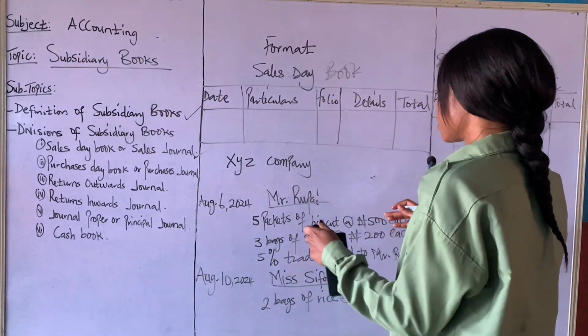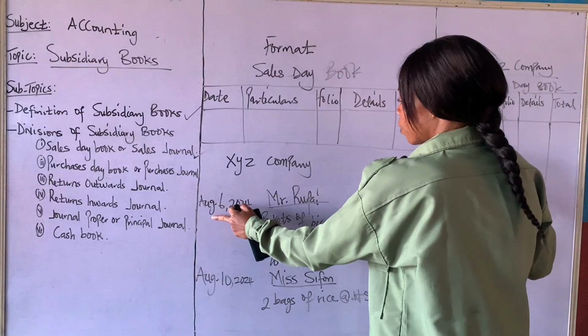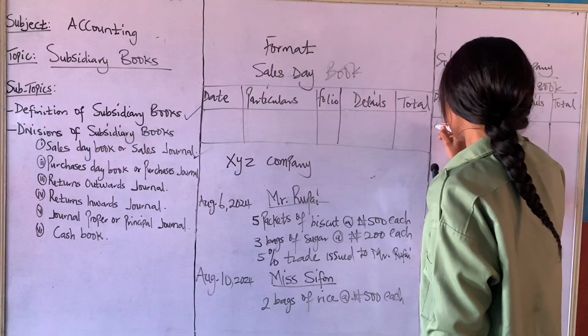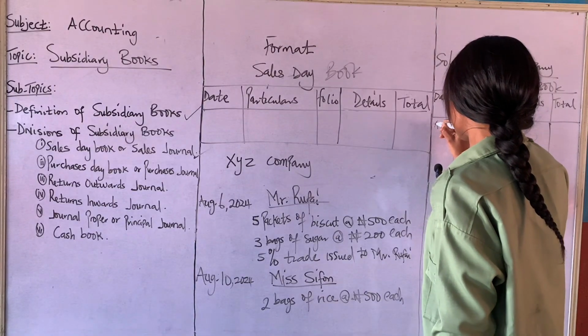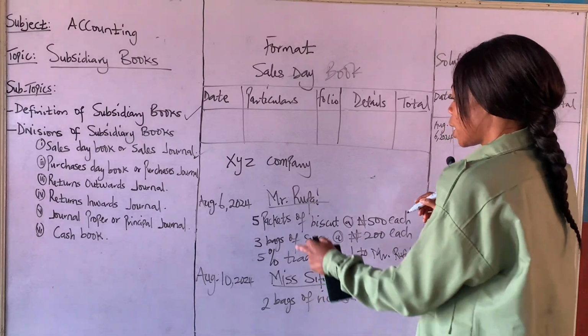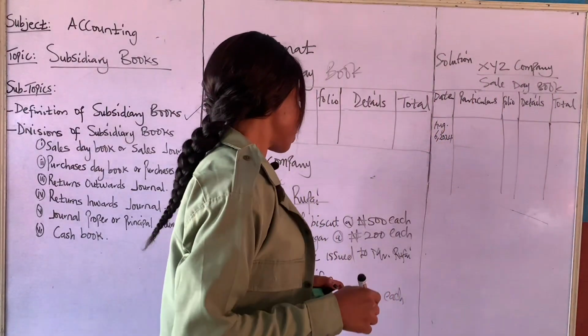Okay, the first transaction took place on the 6th of August 2024. So you come here and say August 6, 2024. And you need to give a brief description of what actually happened on that date.